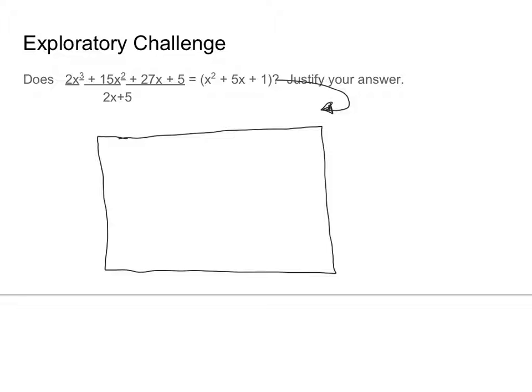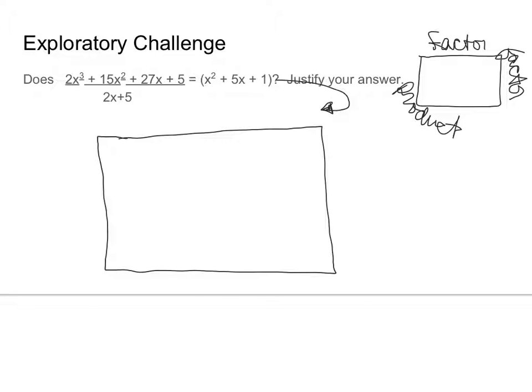If we remember, when we first learned how to do tables, we would have factor and factor equals product. Now at this point, I'm going to use this highlighter.